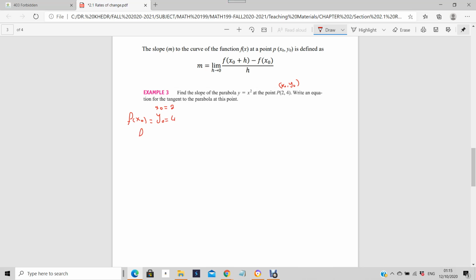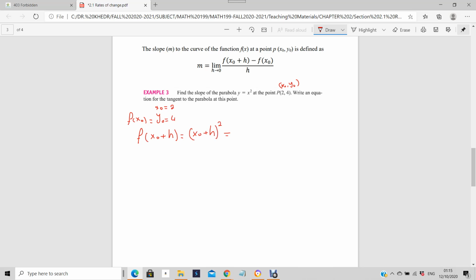How about f of x0 plus h? h is unknown, we keep it as it is. f of x0 plus h means we need to substitute in the function, instead of x, x0 plus h. So this becomes (x0 plus h) squared.